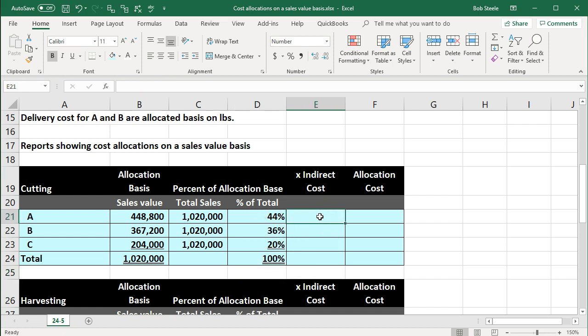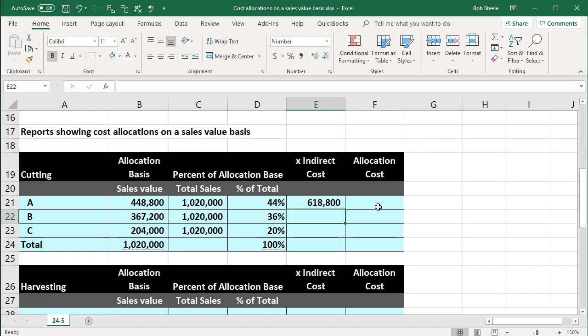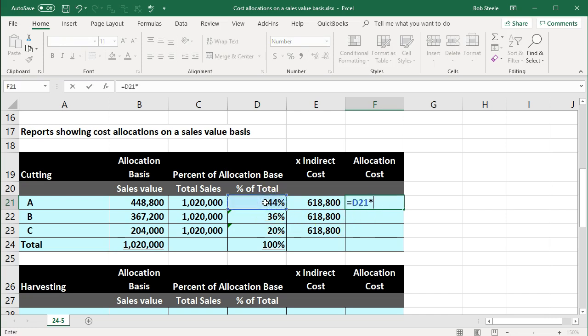So now we're going to take our indirect cost, which is going to be the cutting. So this equals, and we're going to scroll back up, and we're picking up the cutting, which is the 618, the total, because we're going to reallocate it. And that's going to be the same all the way down. And then we'll multiply this out. So we're in F21. This equals the 44% of that cost we're going to allocate.